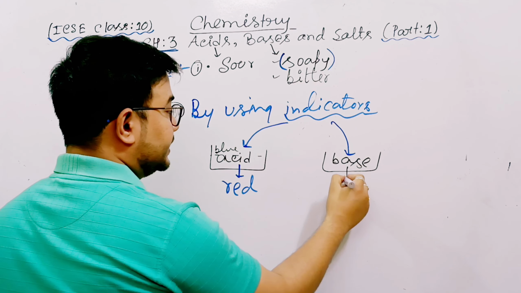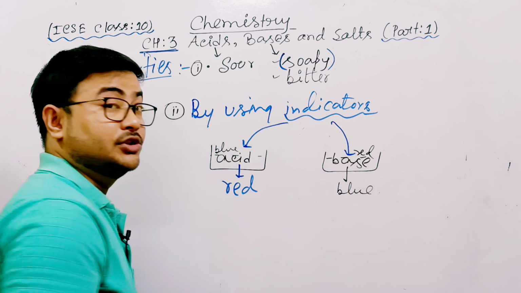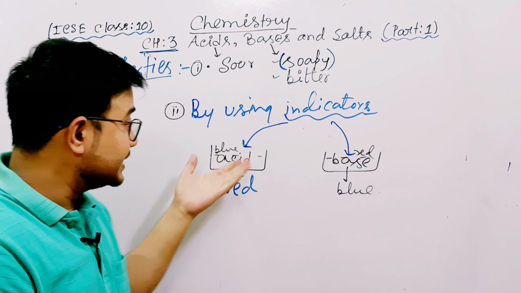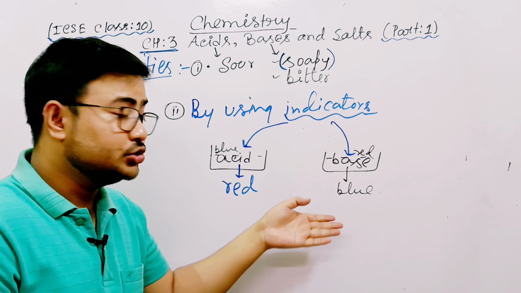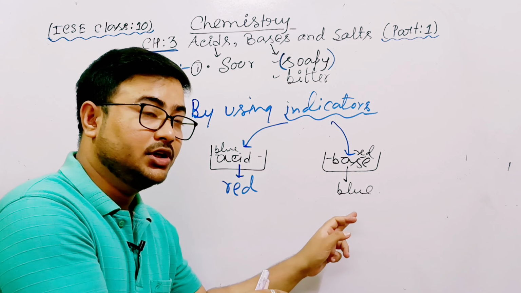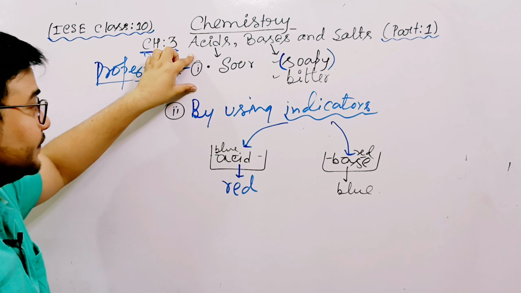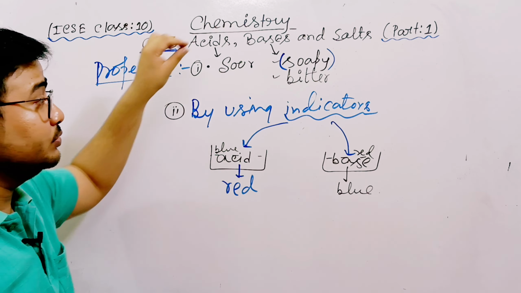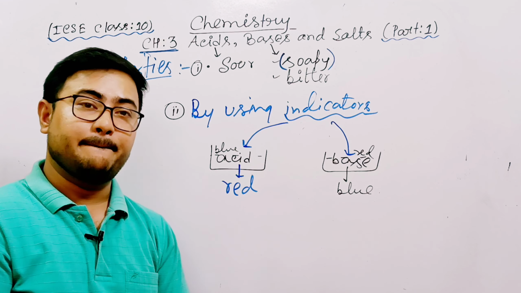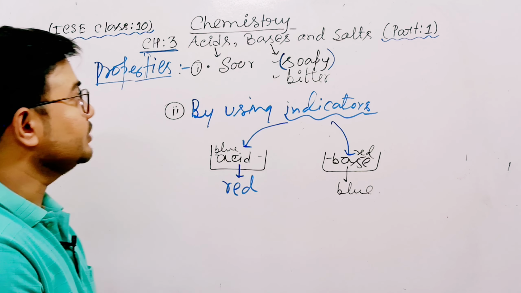And in base, suppose it is red in color, it is converted to blue. So in the presence of a suitable indicator, acid and base show different colors. One red, another blue. One sour in taste, another bitter in taste. So from taste we can identify, and second, with the help of an indicator we can also identify which one is acid and which one is base. These two are the basic ideas about acid and base.